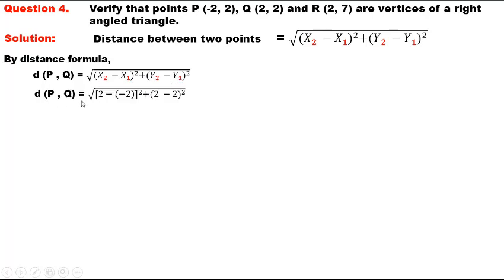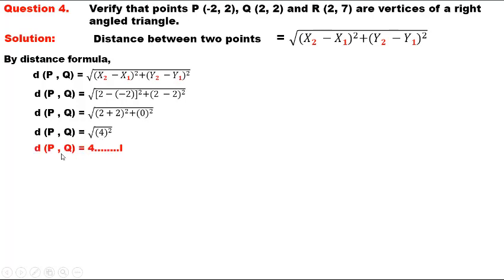By distance formula we get distance between PQ is equal to under root of (2 minus minus 2) square plus (2 minus 2) square, which is 2 plus 2 square plus 0 square. Therefore PQ is equal to under root of 4 square. Therefore distance between PQ is equal to 4.